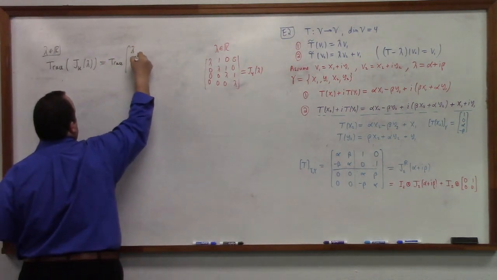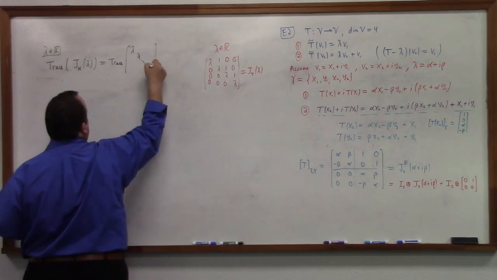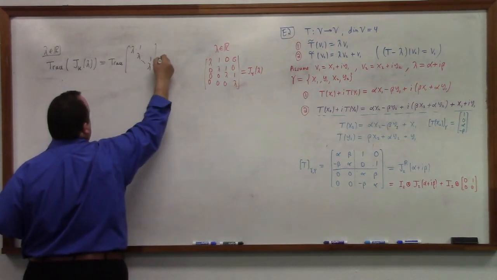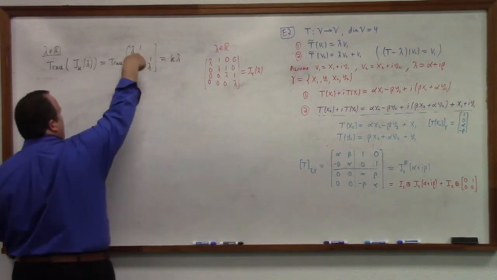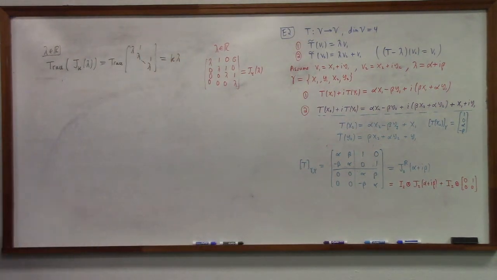You got lambdas, right? K of them. One's on the superdiagonal. Who cares? The answer is k times lambda, because you just add together lambda k times. That's the trace, right? The sum of the diagonals.